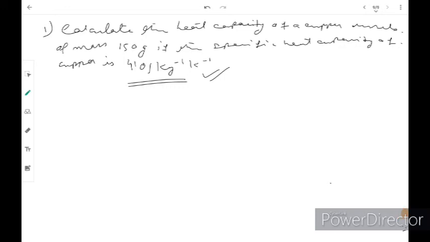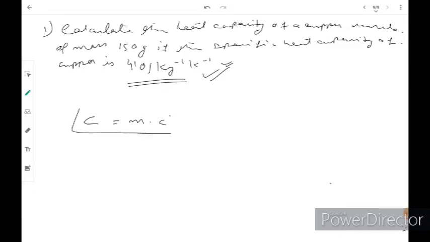Here is one question: calculate the heat capacity of a copper vessel of mass 150 gram, if the specific heat capacity of copper is this much. To find the heat capacity, we have to know the relation C = m × c.